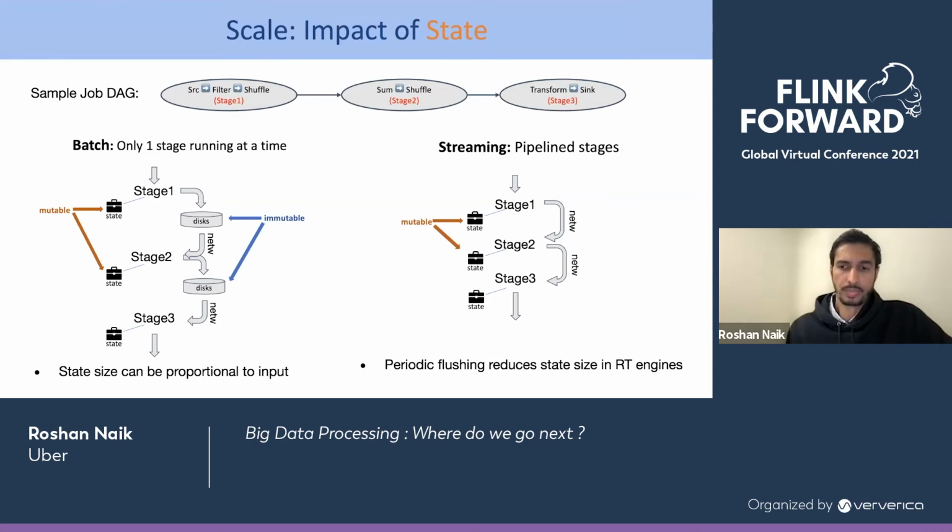What that means is if you can flush out the state, for example, if you're doing hourly counts and you start seeing the next hour's count, you can flush all the state for the previous hour. That keeps the amount of state very low, so you don't have to hold on to all the counts for the entire history. And this is a very interesting property with respect to scale.